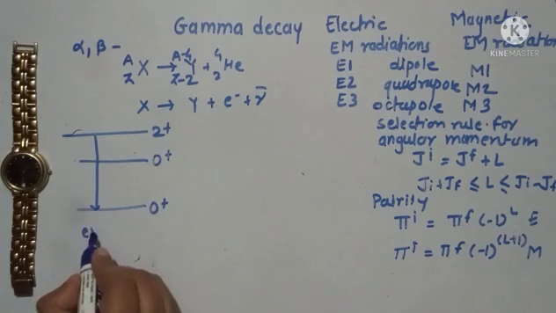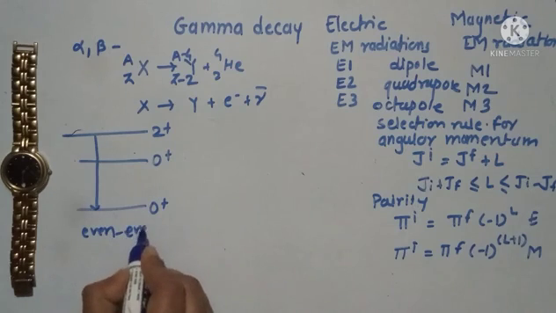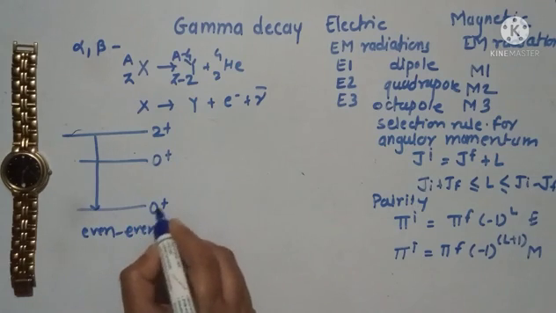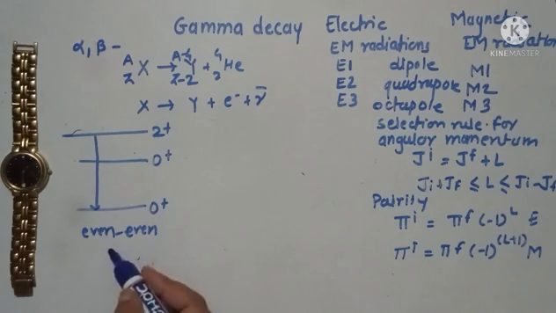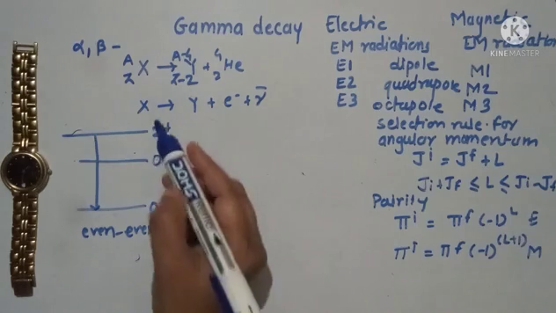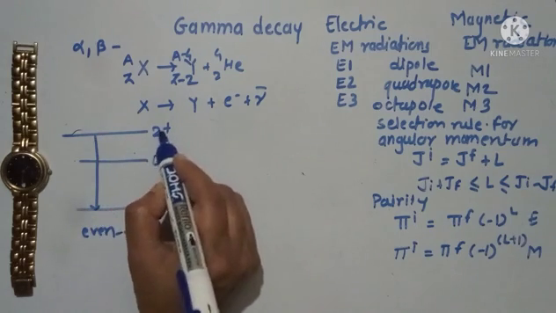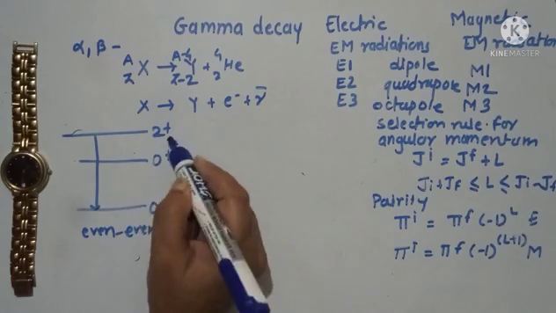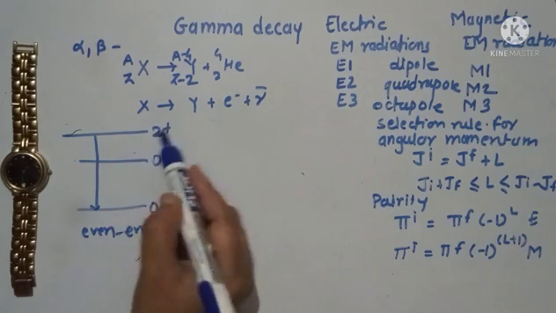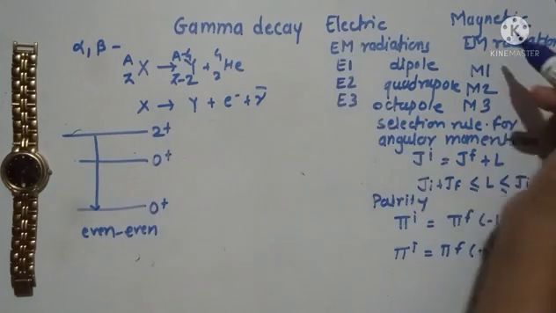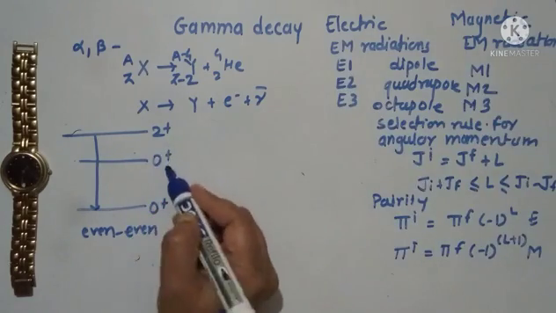Say this is an even nucleus. So let us see whether it is possible, or whether the electric or the magnetic radiations are possible for this.